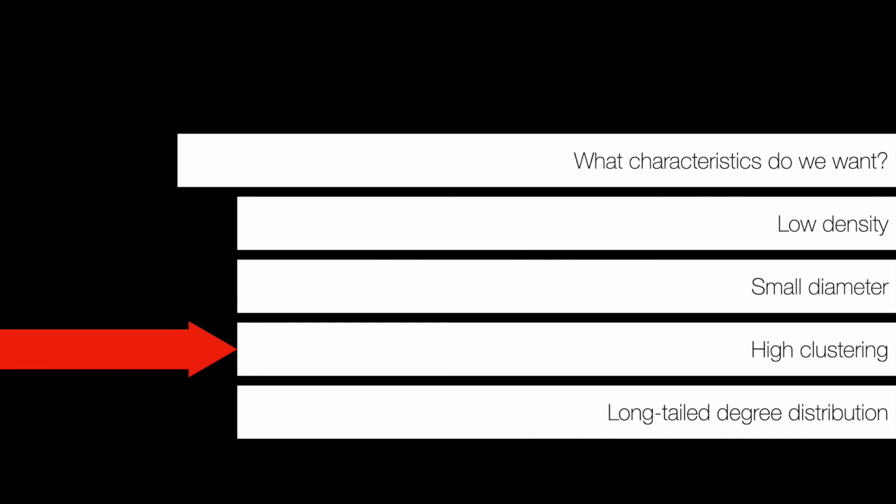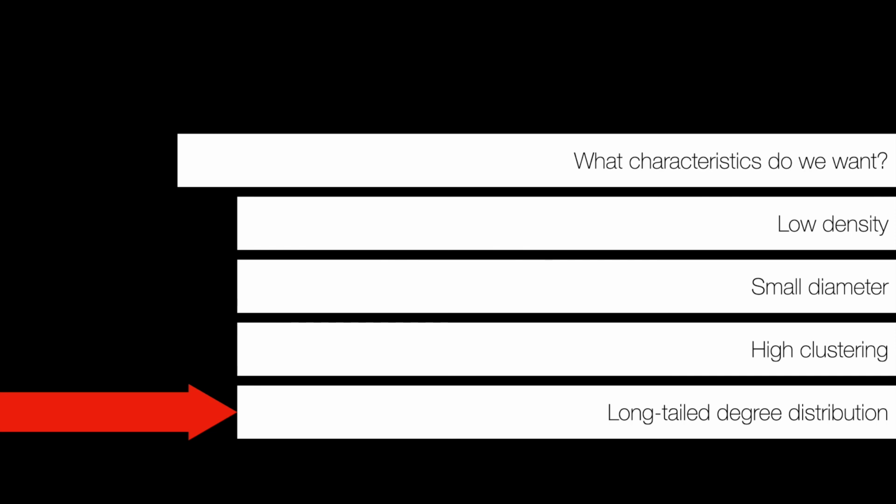We have high clustering as these new nodes are clustered around these hub nodes, and we maintain this long tail degree distribution where by design we build in the existence of a small number of nodes that have very high degree, whereas most new nodes when they come in will have low degree or whatever degree you've specified, and over time those low degree nodes are less likely to get new connections, so the hubs become richer and richer. Once a hub has established itself, it collects new links as new nodes get added to the graph.